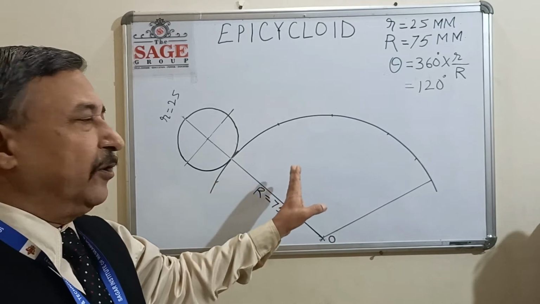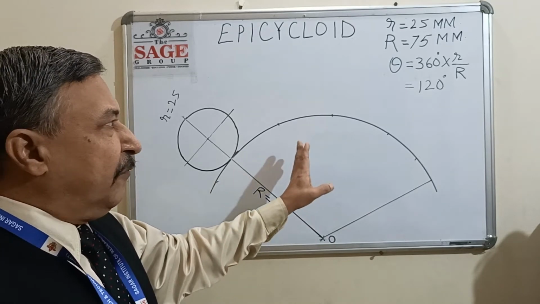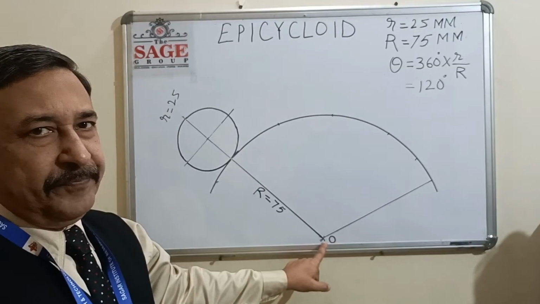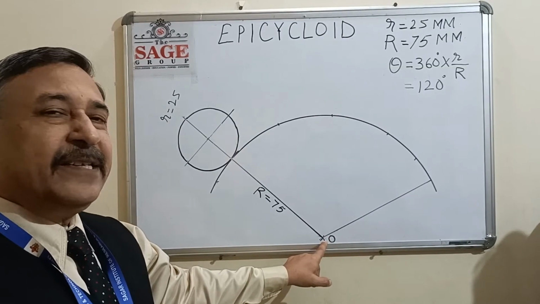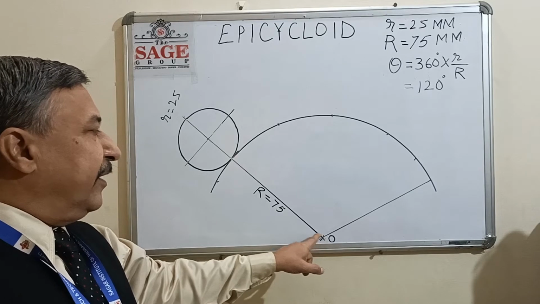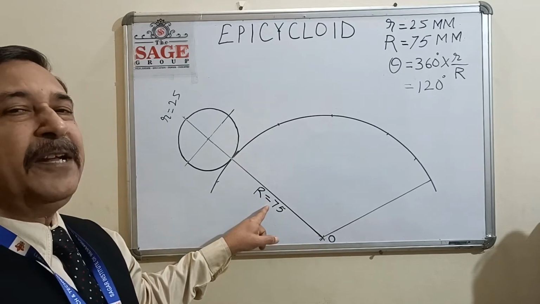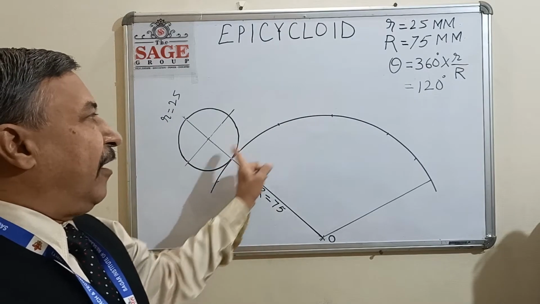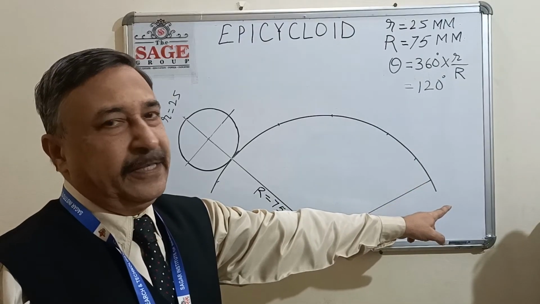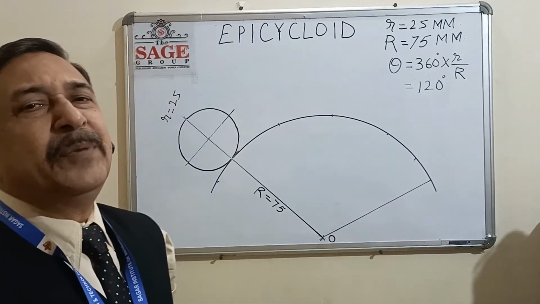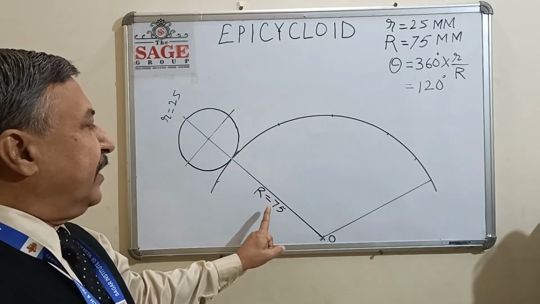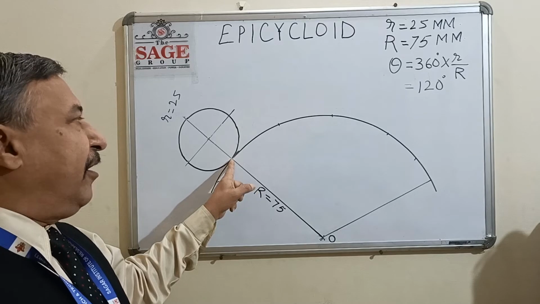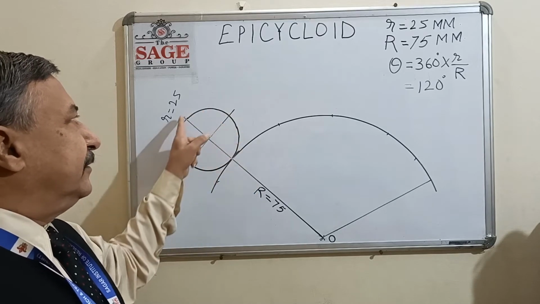This I am going to explain. First of all, we take a point O and, taking this as center, we draw a circle of radius 75 mm, that is the radius of the directing circle. Draw a circular path. No need to draw this completely. Now at this point we have to draw another circle.